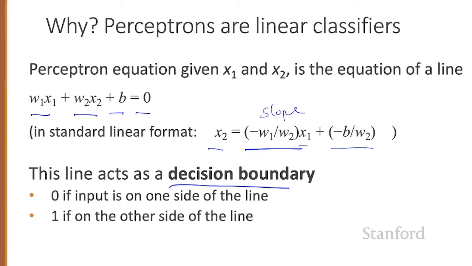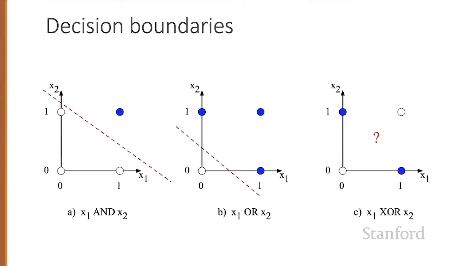This line acts as a decision boundary in two-dimensional space. The output 0 is assigned to all inputs lying on one side of the line, and the output 1 to all input points lying on the other side of the line. If we had more than two inputs, the decision boundary becomes a hyperplane instead of a line, but the idea is the same, separating the space into two categories. Let's see a picture. These figures show the possible logical inputs, 0,0, 0,1, 1,0, 1,1, and the line drawn by one possible set of parameters for an AND and an OR classifier.